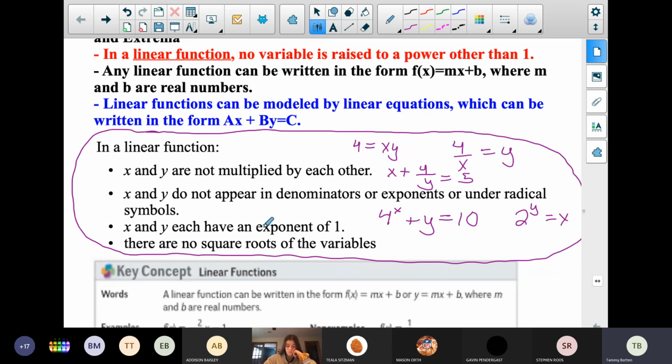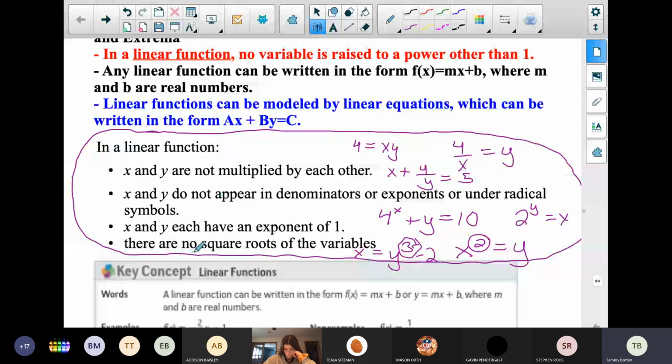X and y also can only have an exponent of 1. So you couldn't have x squared equals y, or x equals y to the third minus 2. Your exponents of your variables can only be 1.